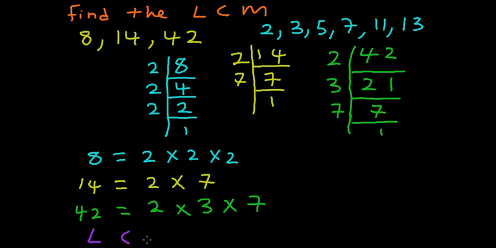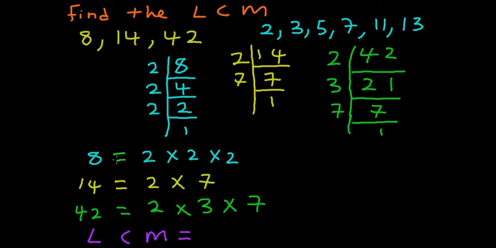Okay, so what is the lowest common multiple? Finding the lowest common multiple, like we did in the introduction, is just looking for the factor that appears most and bringing it down. The first factor we have is 2. We have 2 in all of them.